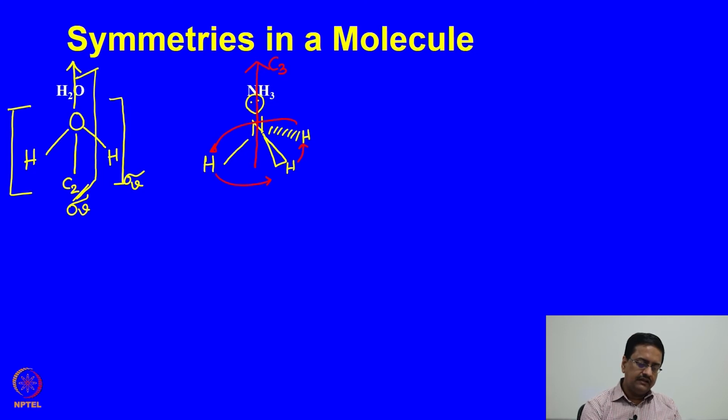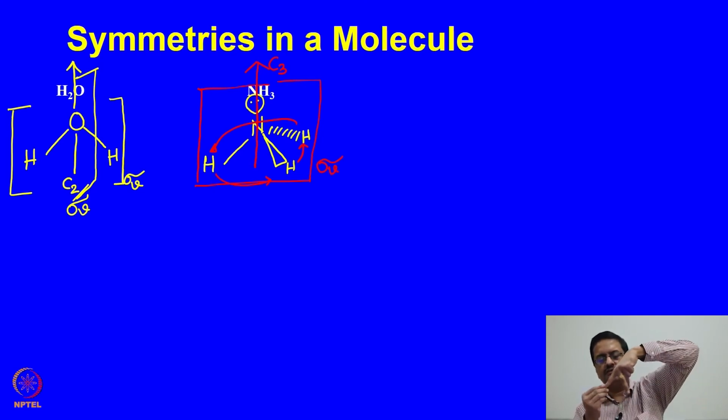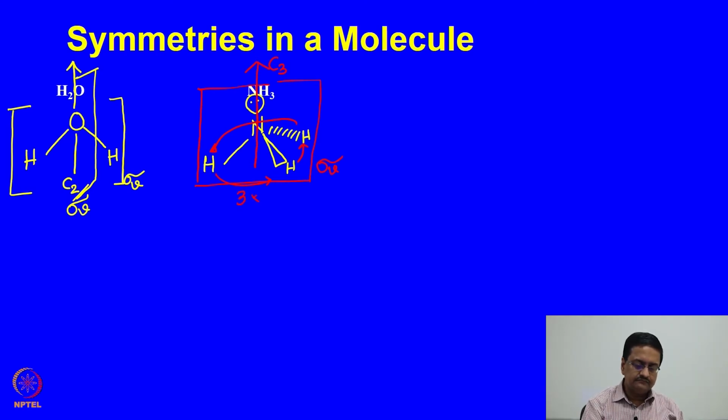So, the mirror plane passing through the plane of the projection is one of the 3 sigma v's. If this one is on the plane of the board, we have drawn this mirror plane. Then similarly, there is one mirror plane like that and one mirror plane like this. So, this molecule has 3 sigma v's.